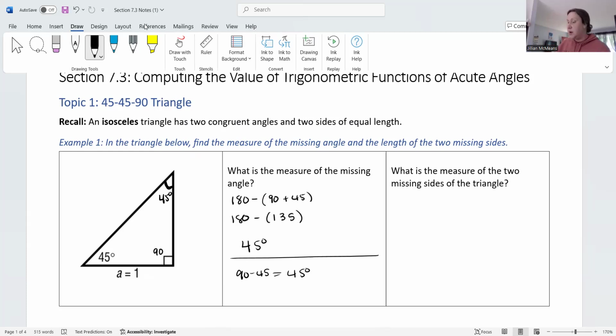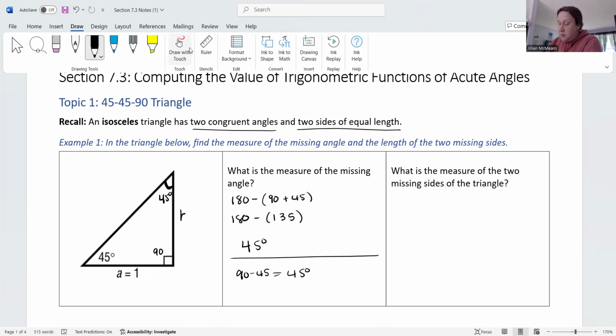Let's go back to the definition of an isosceles triangle. An isosceles triangle has two congruent angles. We found those; those are the two angles that measure 45 degrees. They also have two sides of equal length. So the two sides that make up the right angle, called the legs, have to have the same measure. We're saying in this case that side A is 1.